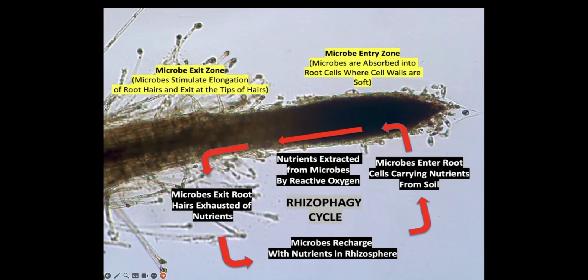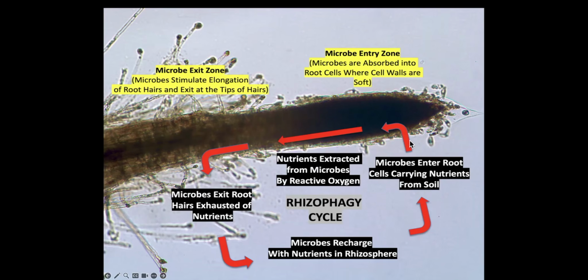Okay, so this is the rhizophagy cycle, the whole process. The root tip is secreting exudates into the soil as an attractant: sugars, organic acids, and sometimes amino acids and other substances that the plant secretes to attract these microbes.